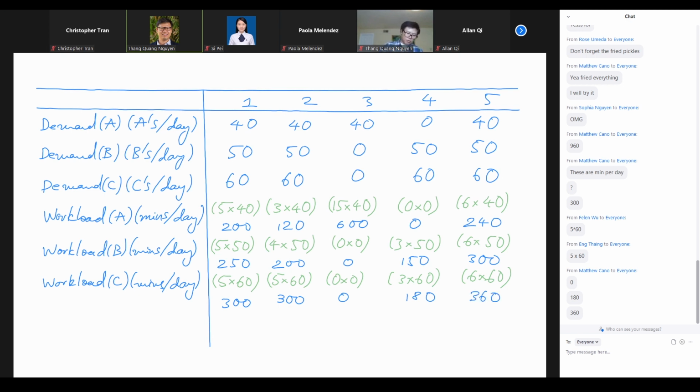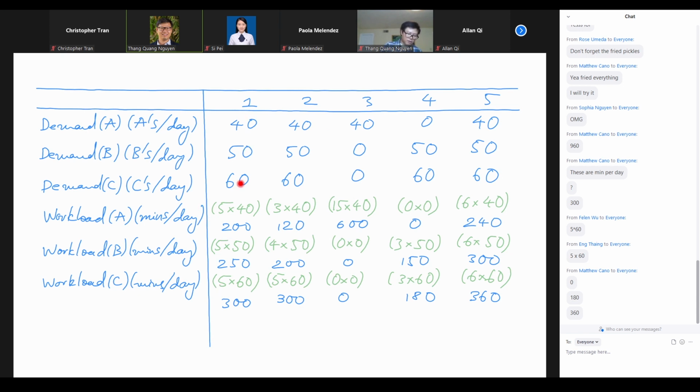Okay, so one more time, what do we do here? Let me recap very briefly. Here we talk about the physical demand: how many ice cream, how many burgers, how many fries the workers have to spend time on. But because we cannot add these numbers directly, we do the intermediate step.